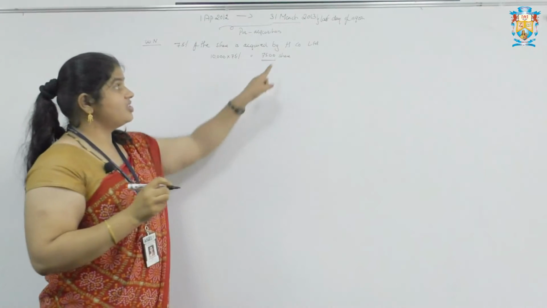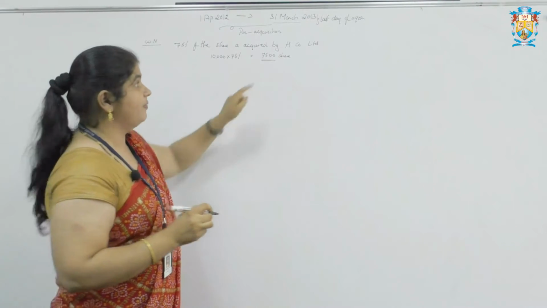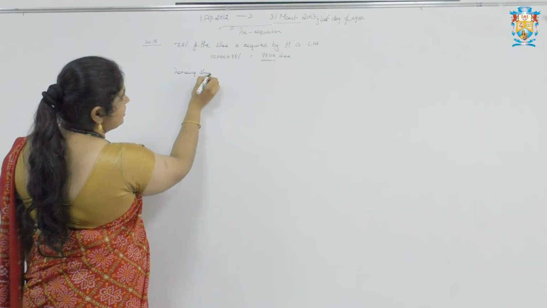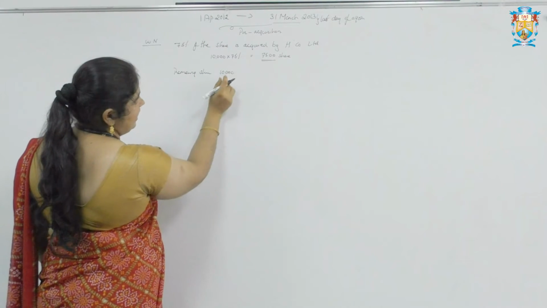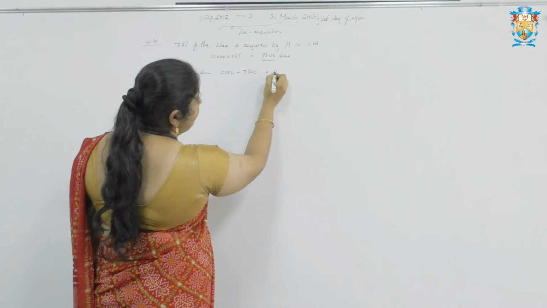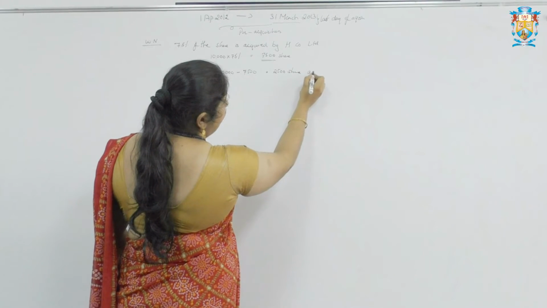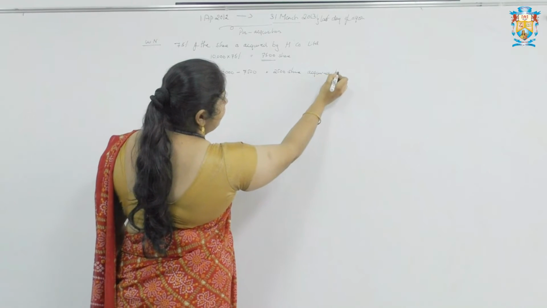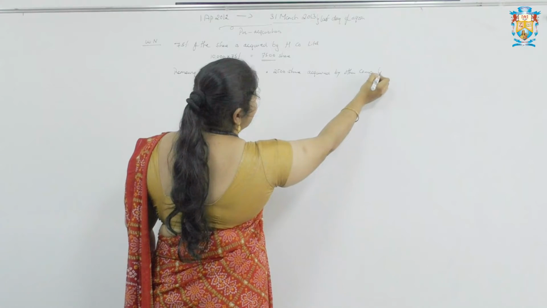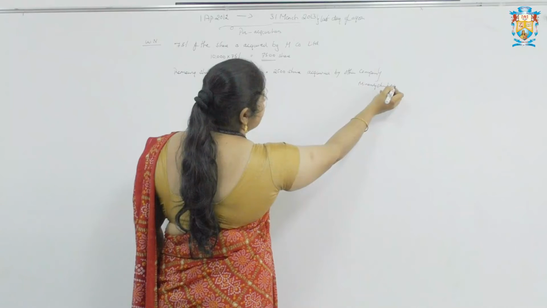That is, H company has acquired 7,500 shares from S company. The total shares S company had is 10,000; 7,500 is purchased by H company, and the remaining 2,500 shares are acquired by other companies. These other companies are known as minority shareholders.